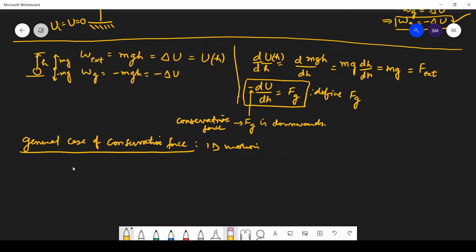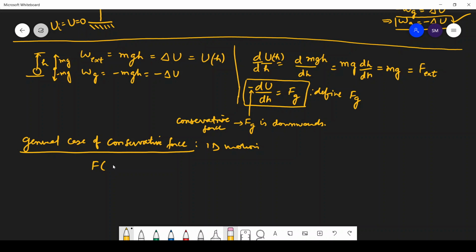So now I can rewrite this as the general case, students, for a conservative force. This Fc you can write as conservative, that's also alright, or you can simply write F, because now we will be dealing with conservative force only. So F means conservative force.